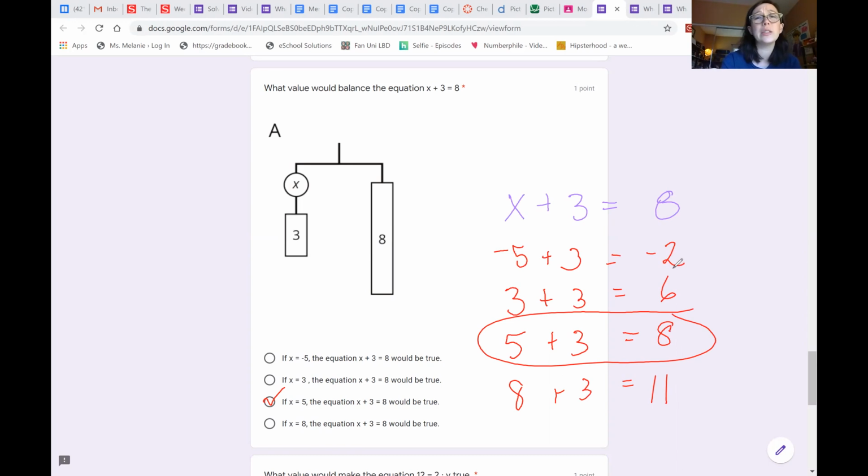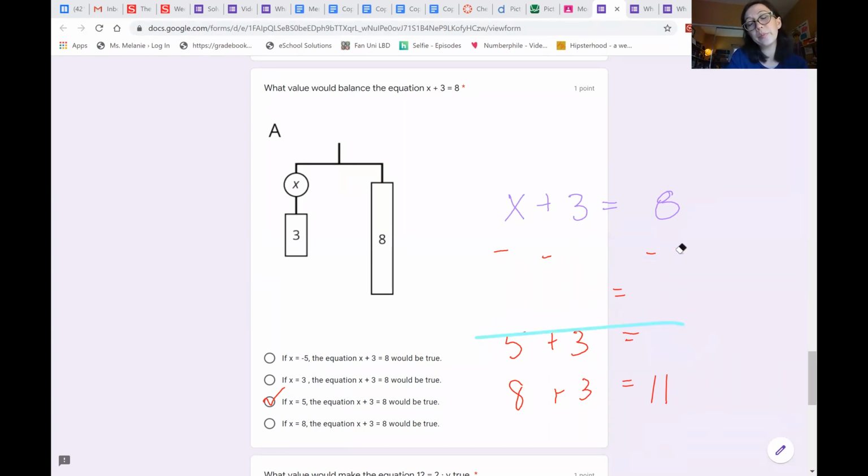If you watch the video today, the video talks about a different strategy for doing it. They say, hey, we want to keep this balanced, but we want to just have x by itself. So if I just take away 3 from this side of the scale, it will not be balanced anymore.